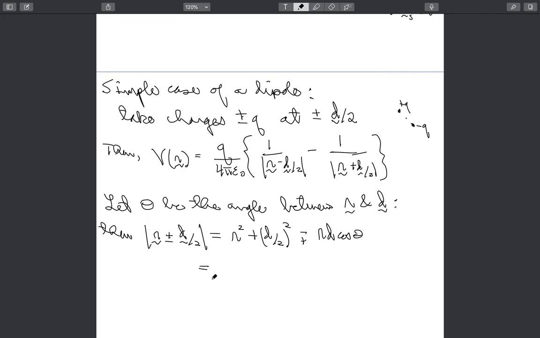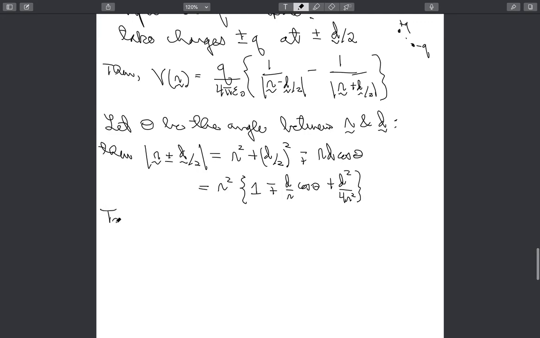And this I can just write as r squared times 1 minus or plus d over r cos theta plus d squared over 4 r squared. Okay, that's the exact expression here.